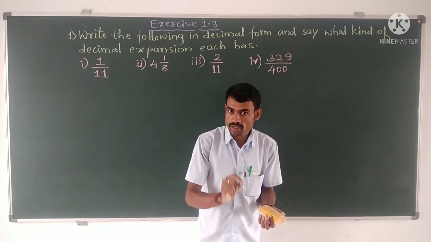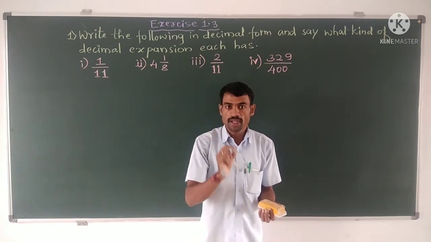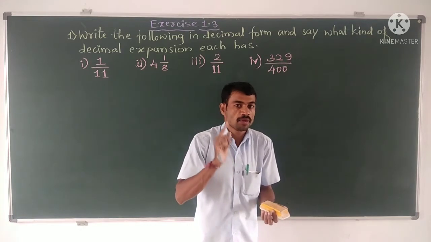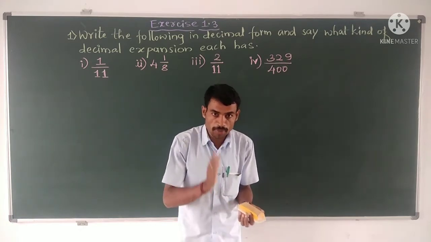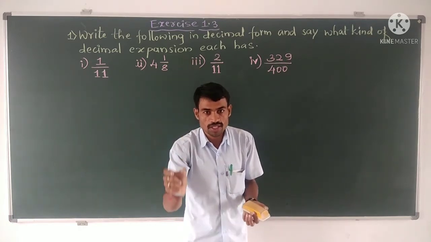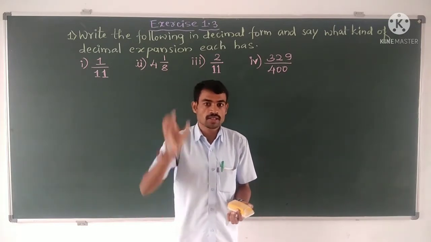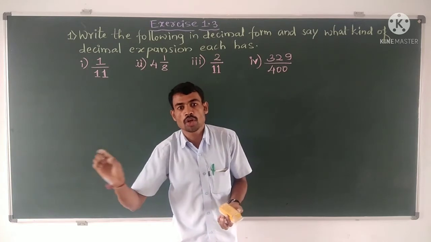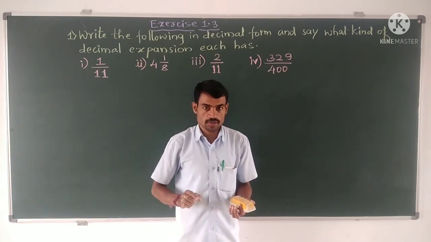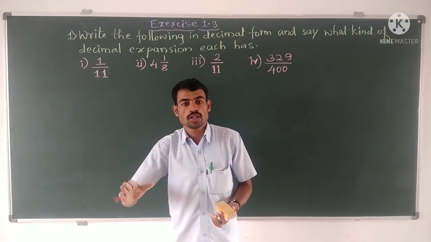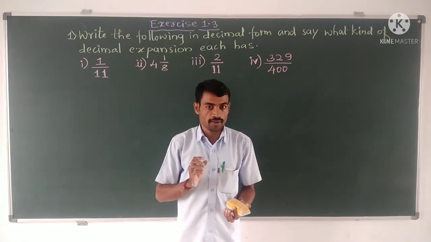So rational numbers have either terminating or non-terminating recurring decimal expansion. Terminating means the division process will end after some steps. Non-terminating means the division process will not end. If you go on doing division, the division process will not stop. Clear?